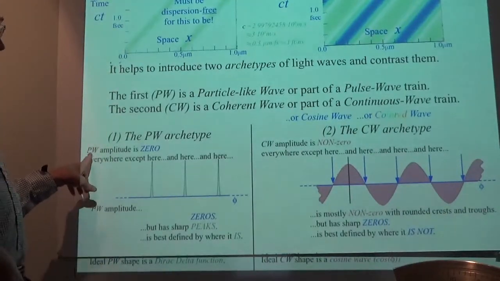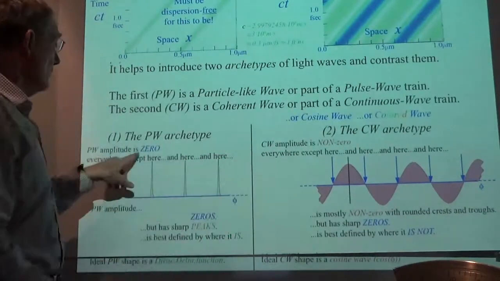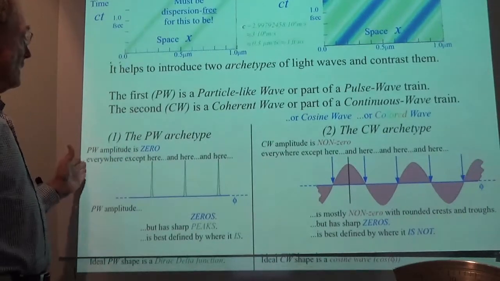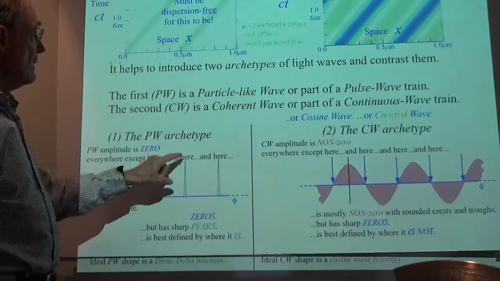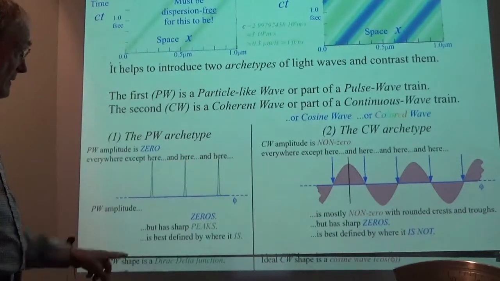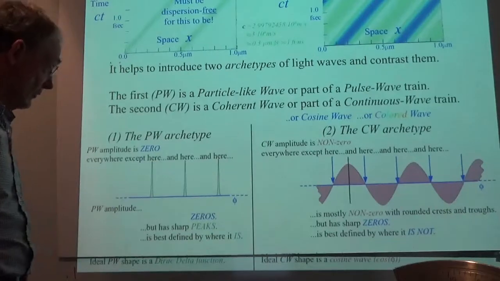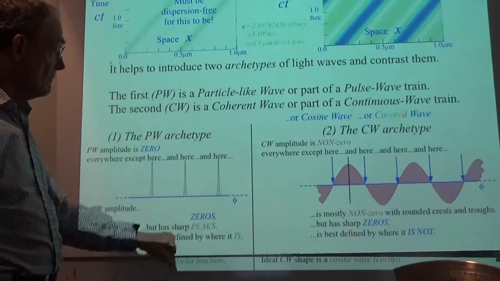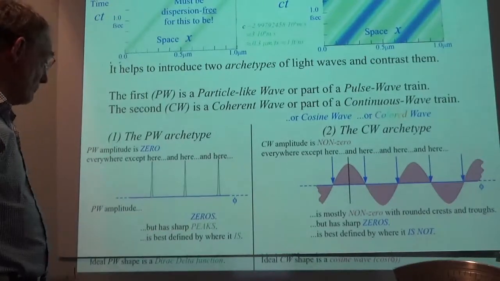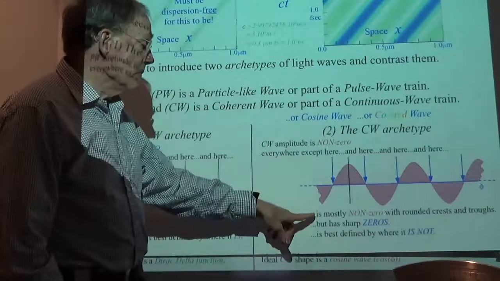Now here you should see the comparison. The PW amplitude is 0, practically 0, everywhere except here, here, and here. So it's a wave that knows where it is. That's defined by where it is. Has sharp peaks. This one's just the opposite.